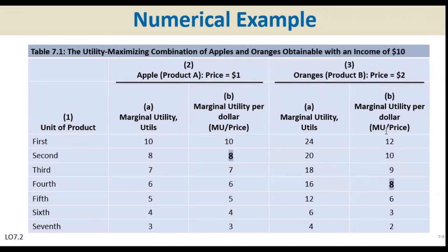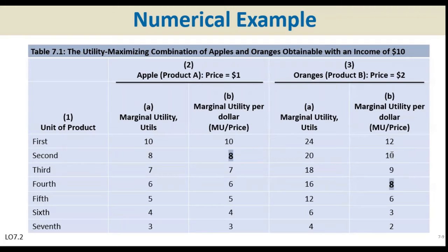Why? Because the marginal utility per dollar is higher and the consumer is rational. Now for the second choice, it will be between the apple and the oranges, a tie.